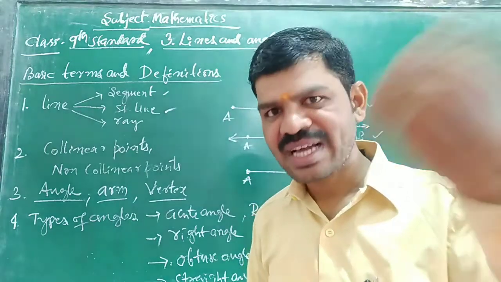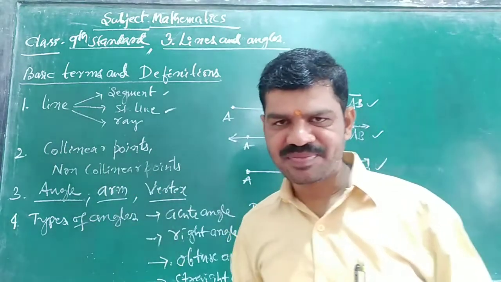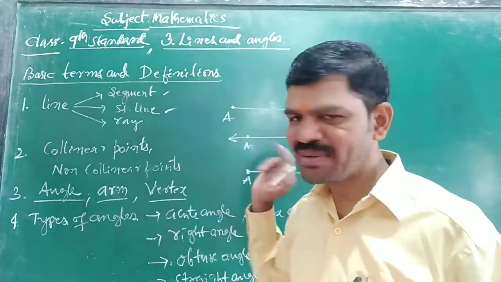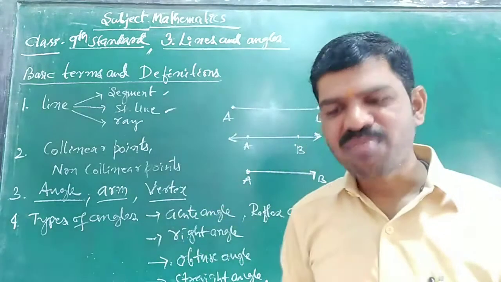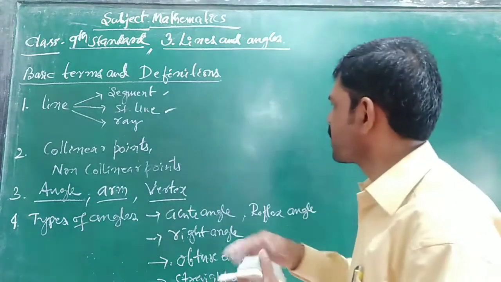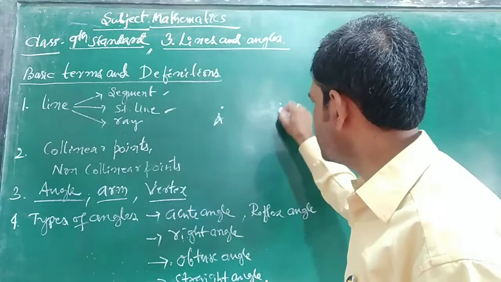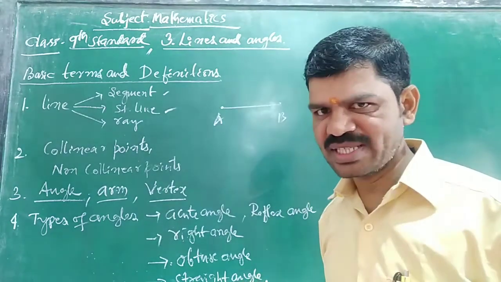Okay, come on, now let us see that. Collinear points. What are collinear points? Non-collinear points. It means there are some points. See here, there is a point A and there is a point B. So we can draw a straight line between two points.